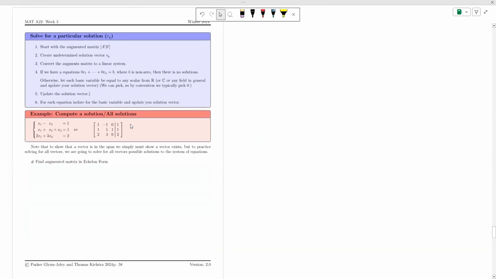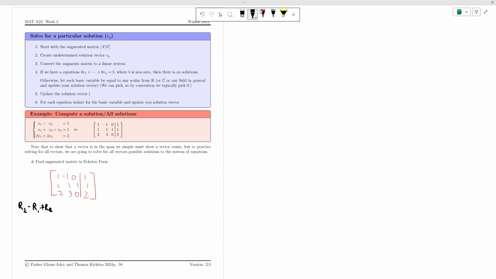The first problem that we're going to apply it to is this matrix here: 1, minus 1, 0, 1, 1, 1, 1, 1, 2, 3, 0, 2. I'm going to start by taking R2 minus R1, replacing R2.